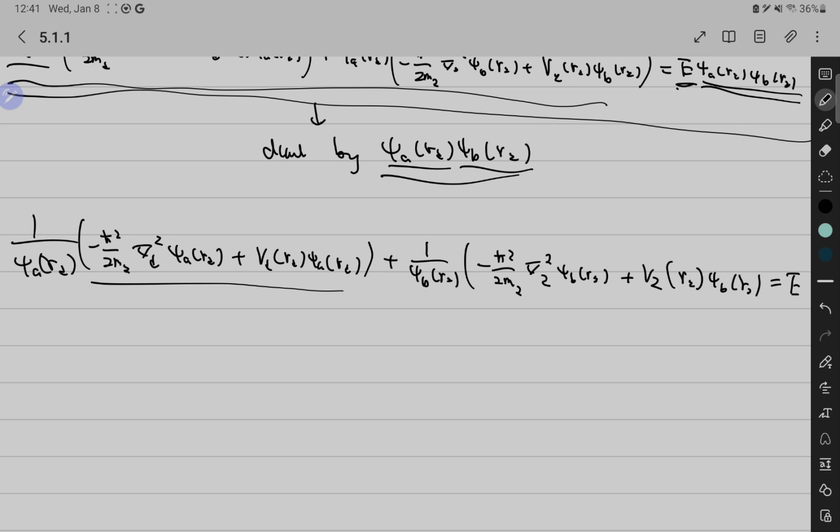Note that the first part is energy A, which is the energy of particle A, and the second part is the energy of particle B, and there's a summation. So E is what we have on the right side, so E must be equal to EA plus EB, right? Because our total energy must consist of the energy of particle 1 and particle 2.